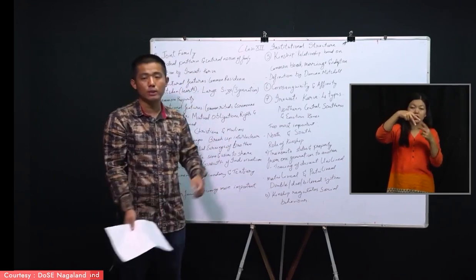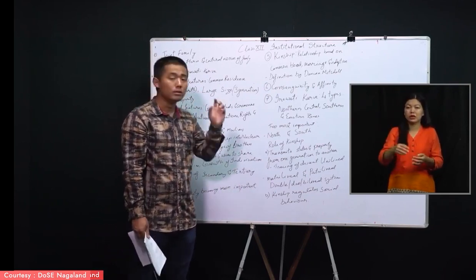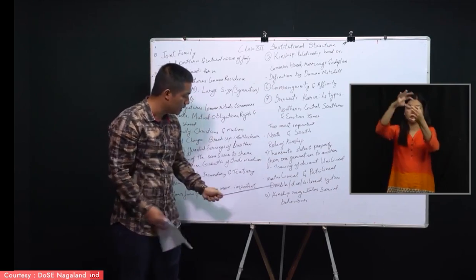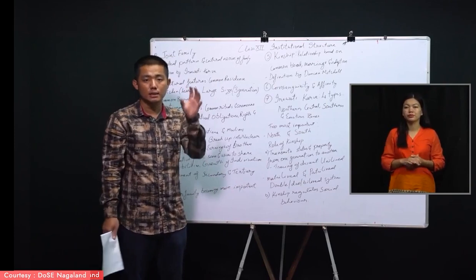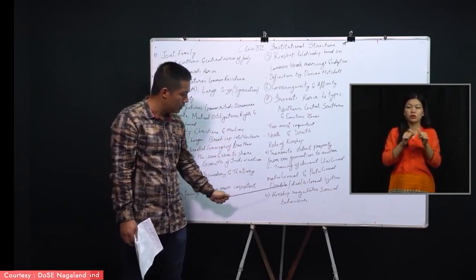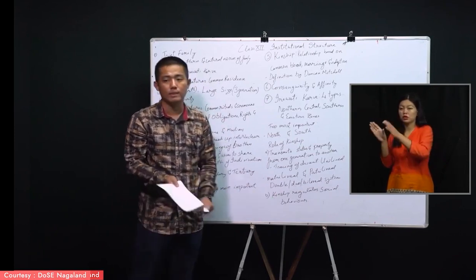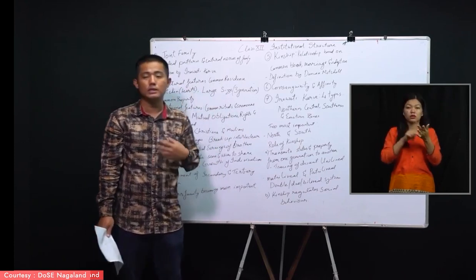Matrilineal is the descent from the mother's side. Patrilineal is from the father's side, okay? And along with that, we also see the double, dual, or bilineal system. What is this double or bilineal system?